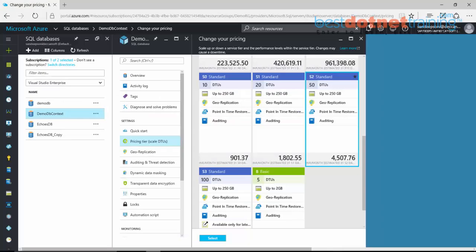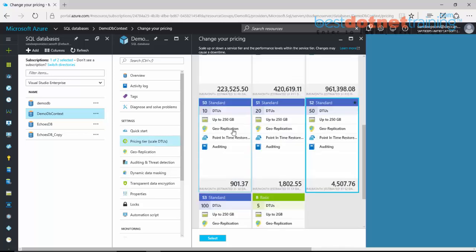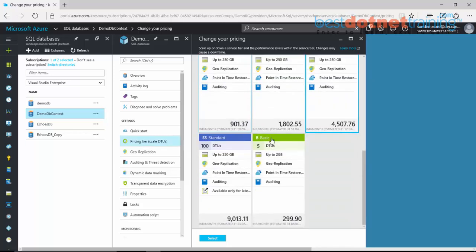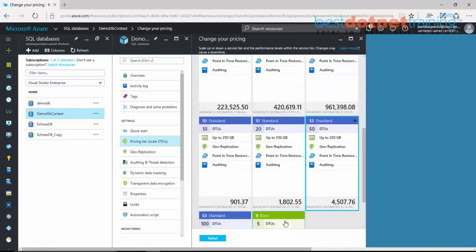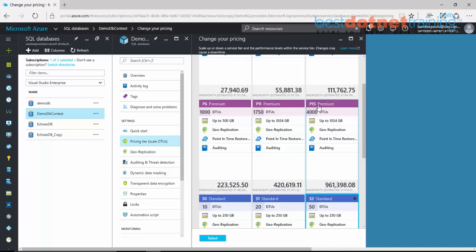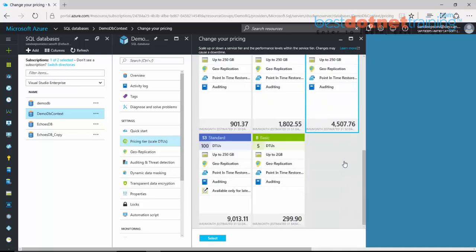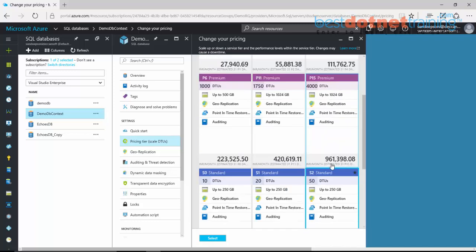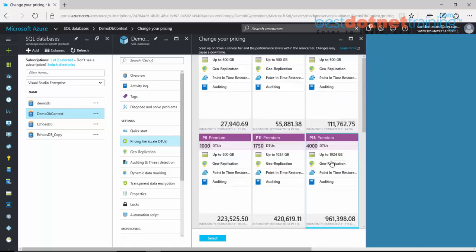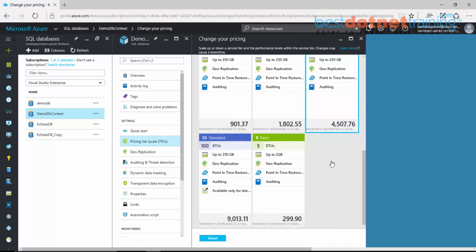See, if I take you to the database and the pricing tier here, you see an option right from basic costing you approximately $300 per month to something like premium 15, which is going to cost 961,000 bucks per month. Where is 299 and 961,000? Huge difference. So choosing one of these pricing tiers is very important.